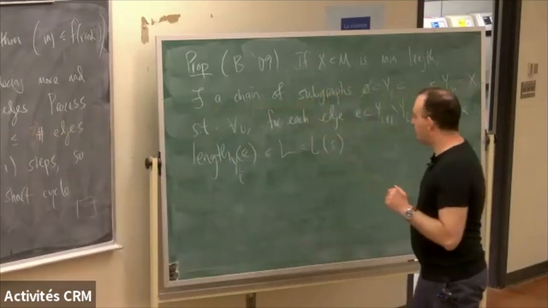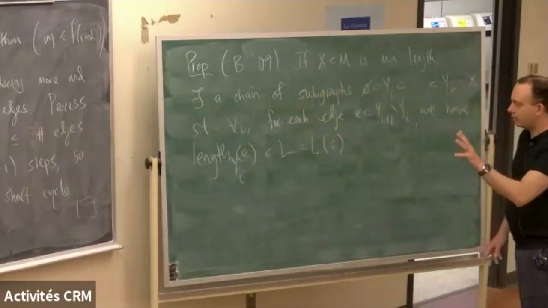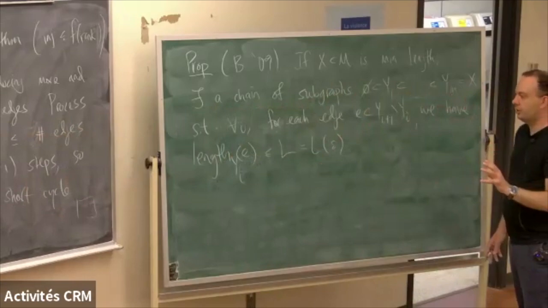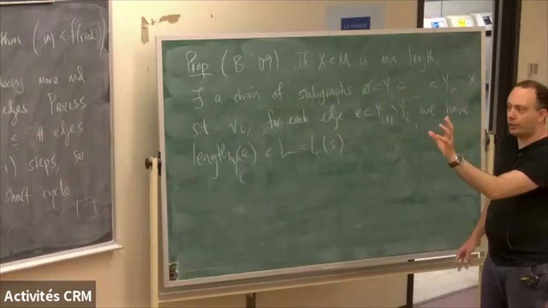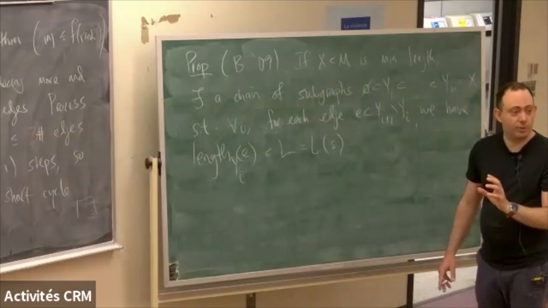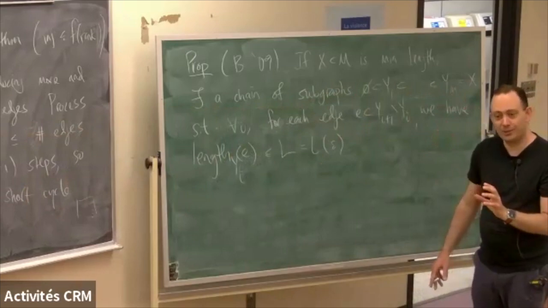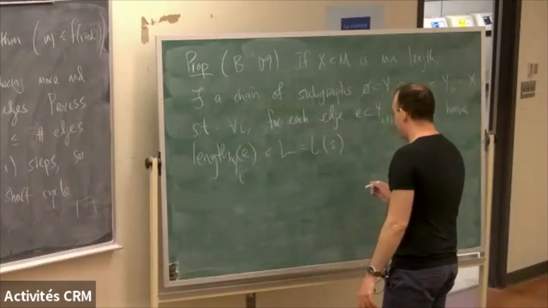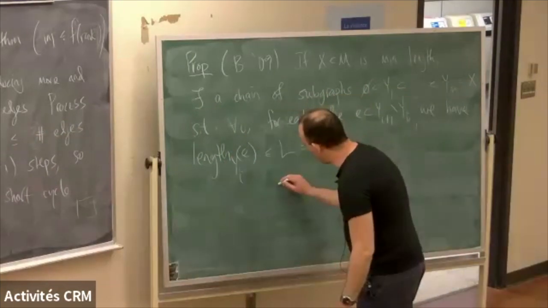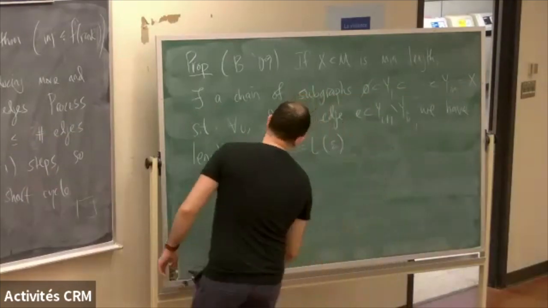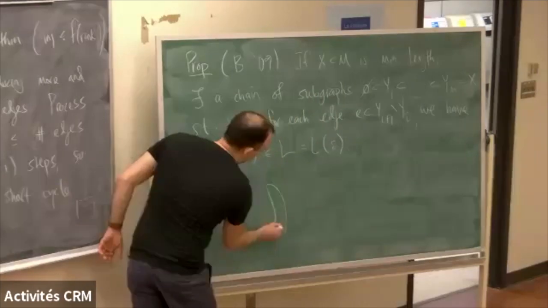Let me say, as a disclaimer, that in the future I'm going to stop looking at the universal cover, in an abuse of picture, and start thinking about relative length more in the manifold.